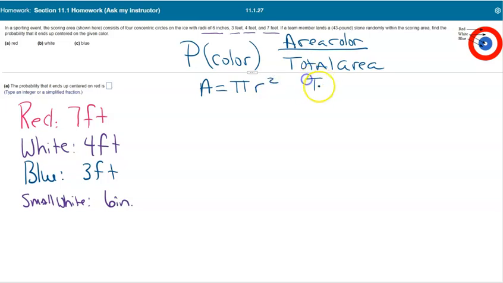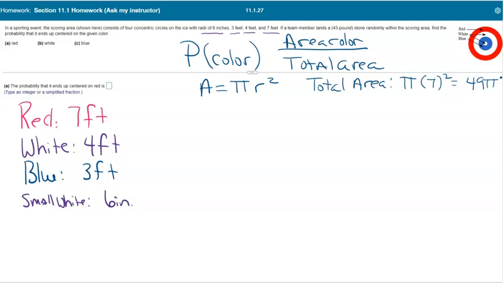So the total area of this entire circle is going to be pi times, well, that goes from the very center all the way out to the edge. That's 7 feet, right? So 7 squared, which is going to be 49 pi. For ease of calculation, I'm just going to leave it like that. I'm not going to type that in my calculator and get a decimal approximation, because that's going to go wrong. You're going to see that leaving the pi in there works out nicely.